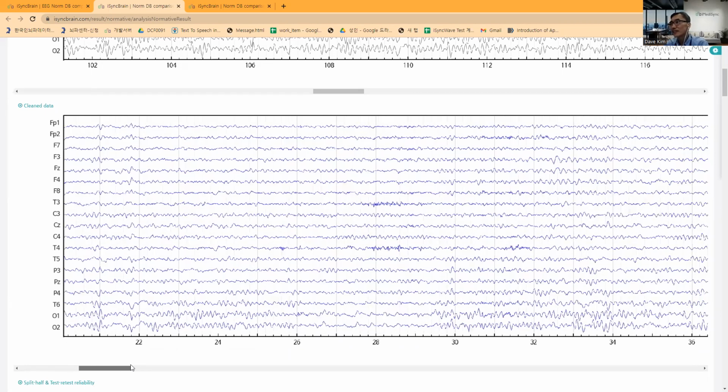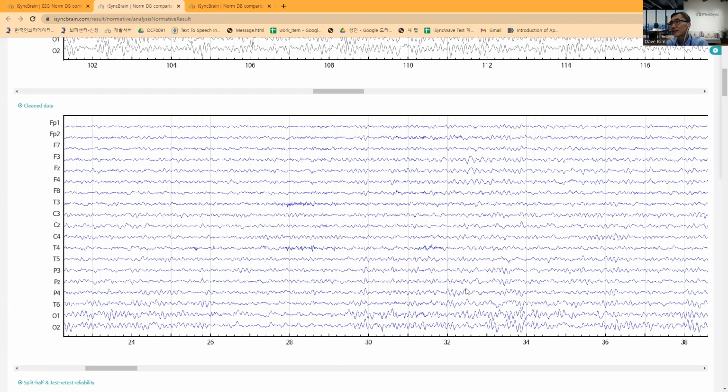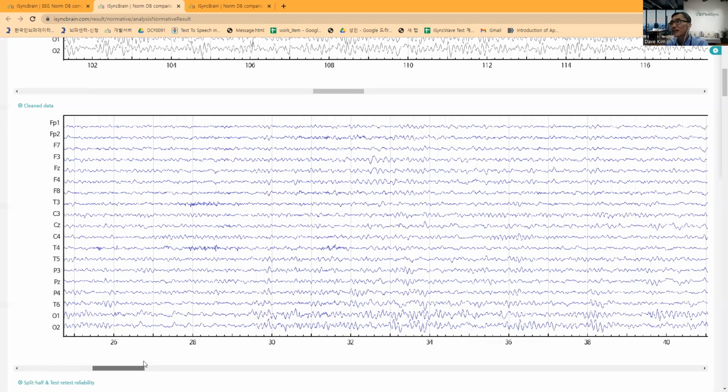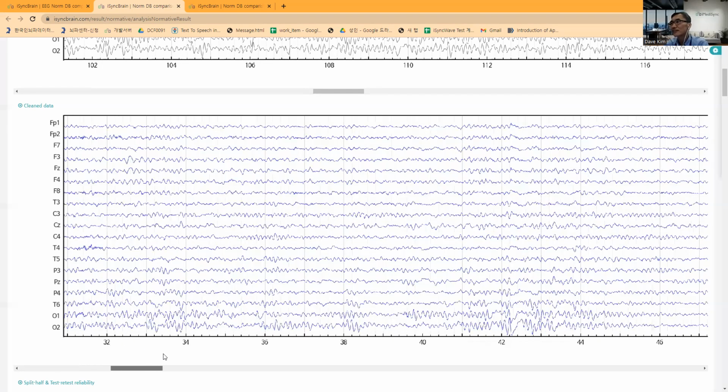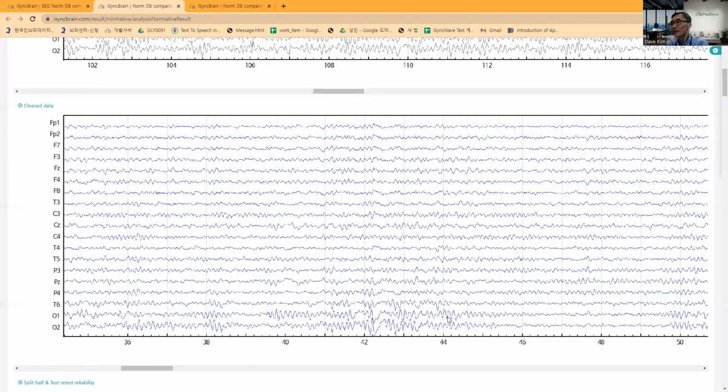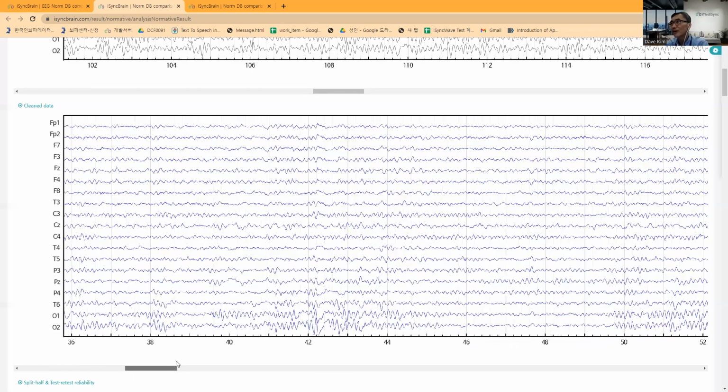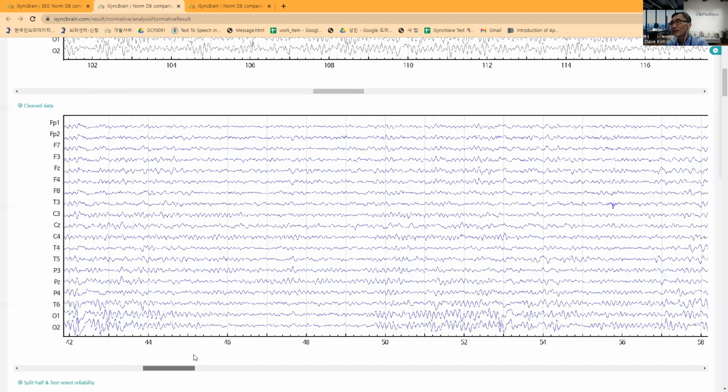We can see this is the normal alpha rhythm, and this is the slow theta rhythm in the frontal area. This is the normal alpha rhythm and slow wave in the frontal area.